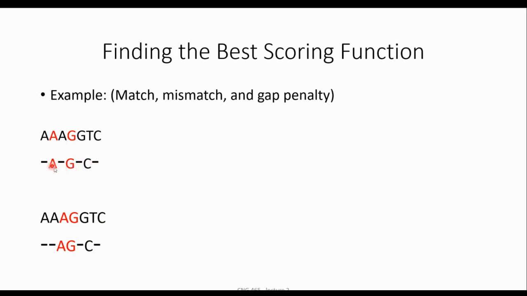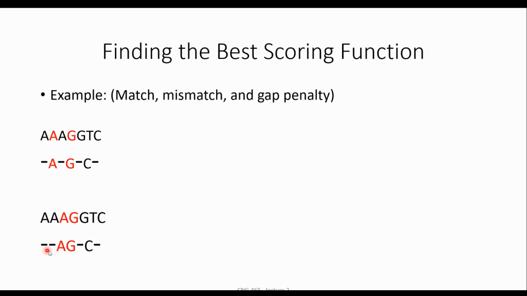So how can I do that? Maybe I give -2 to each one of separate gaps like this. So if I want to give penalty for this sequence alignment, I will consider -2, -2, -2, -2. Together, -8. So 2 minus 8 will be -6 as the total scoring function of this sequence alignment.